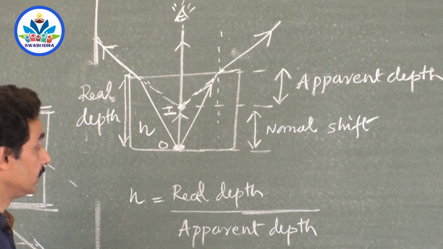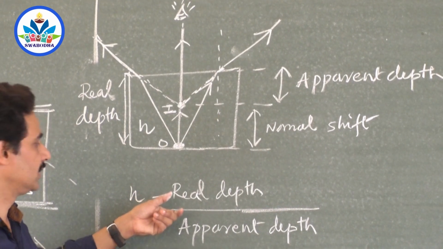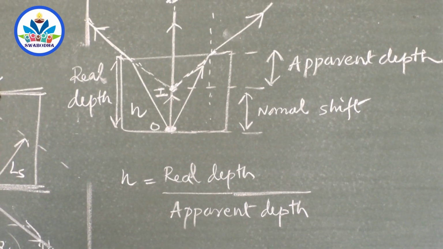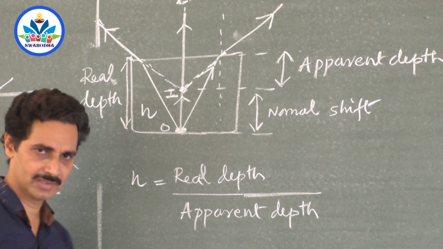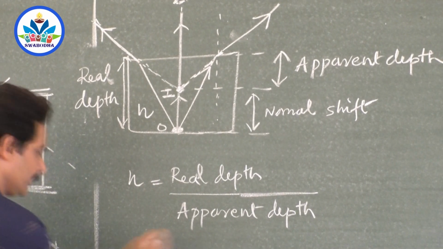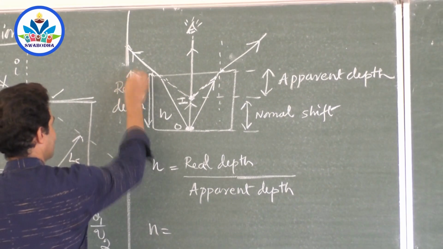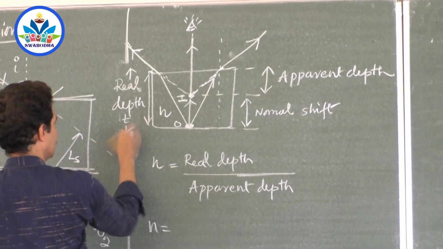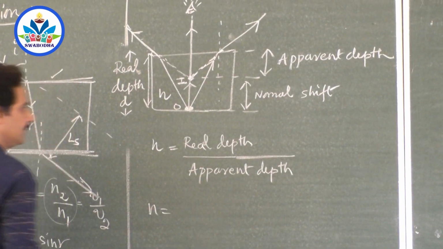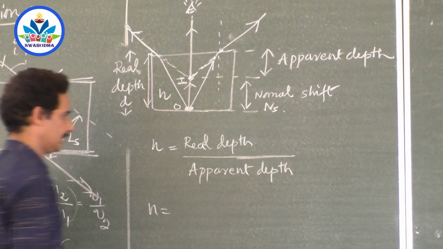Now remember, in this formula we don't get anything which corresponds to normal shift. So can I have a formula for normal shift? This is in the syllabus, the next formula is not in the syllabus, but you may get it very easily. Suppose I take the real depth as D, and normal shift as ns.